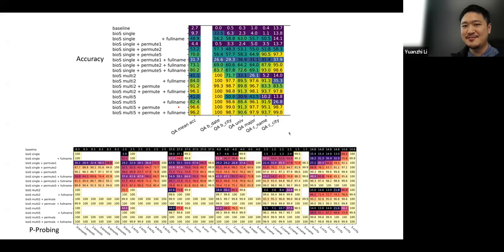Here, this one is only full name. So the plus means the number of augmentations we use. Single means there is no diversity. And then we add full name. You can see full name is helpful. And then when you have permutation, it's also helpful. These ones are only permutation. And then these ones are diversity plus permutation plus full name.